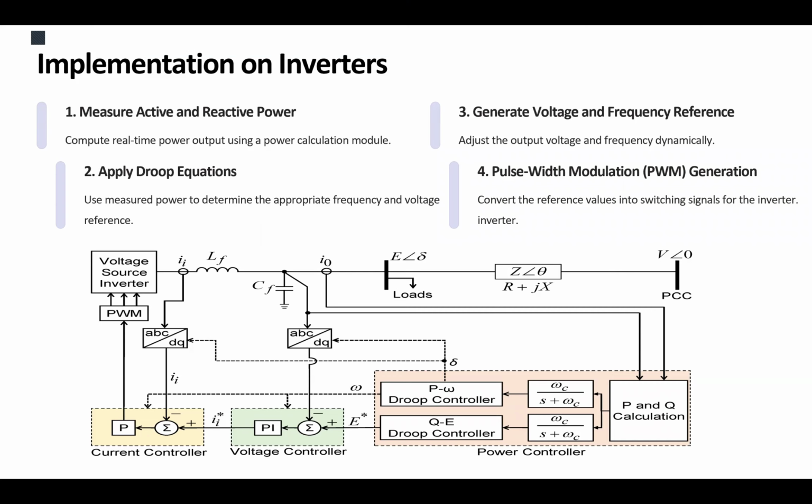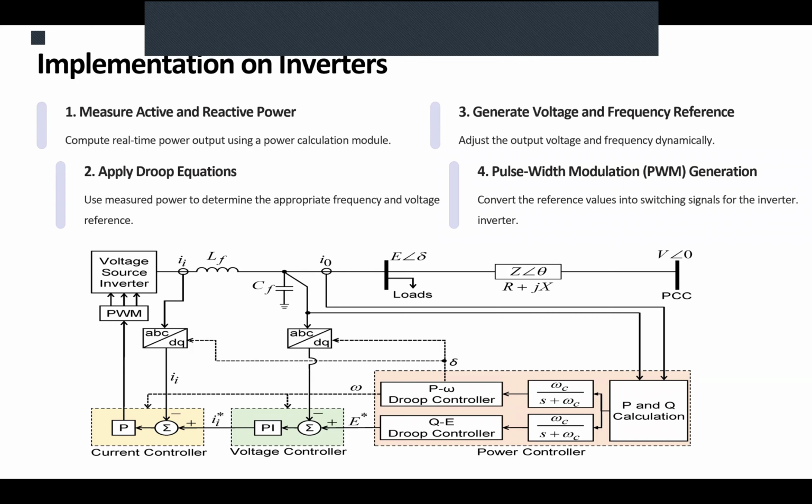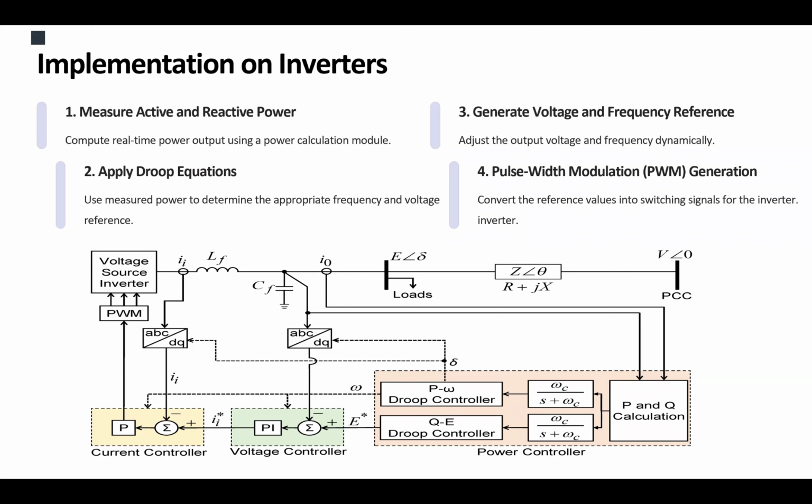That means you have to measure the voltage and the current of the terminal. If you measure the voltage and the current of the terminal, then you can calculate the P and Q of the grid. If you have the P and Q of the grid, you can calculate the frequency and the voltage responsible for that P and Q. So now you have your measured values.